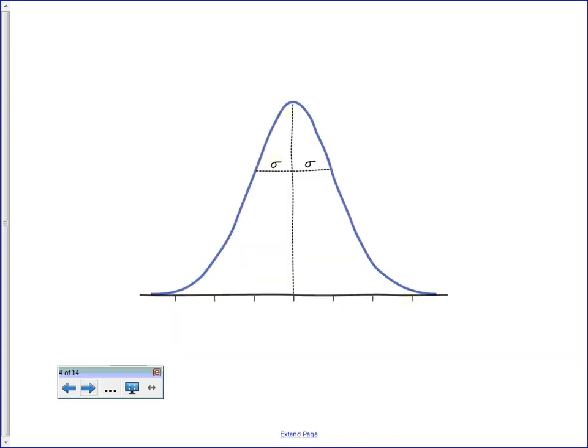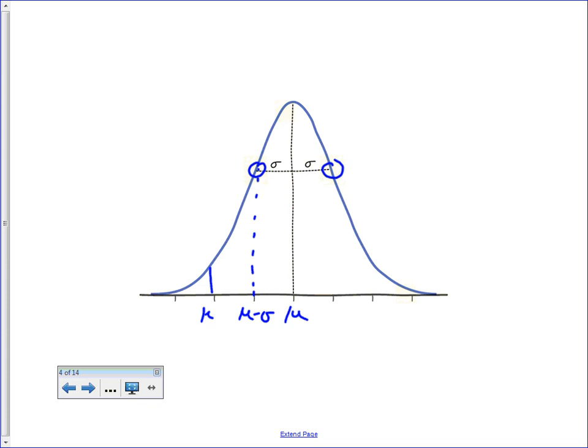I told you that was the standard. What you'll see is that this point here is one standard deviation away from the center. So let's say the center was 0. Actually, we'll just call this mu. So if this is mu, then this is mu minus sigma, because that's one standard deviation away from the center.